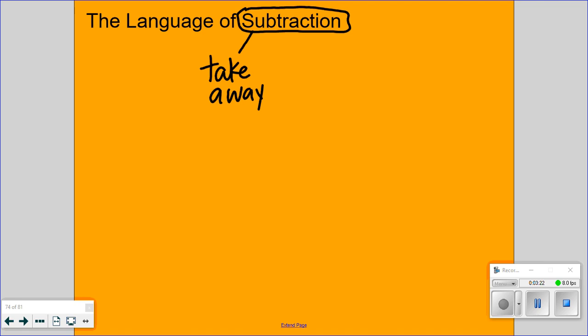Yeah, we have another language piece that we've heard. We've heard the word minus. We know that the subtraction symbol looks like this. Writing, Colby.